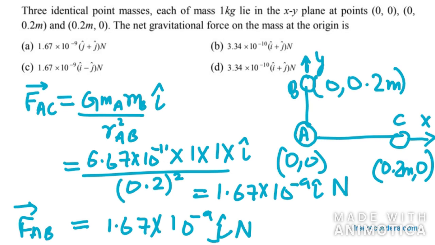So net force will be, you have to add these two. This is my first and this is your second. So you have to add these two. You will get your answer as 1.67 into 10 raised to power minus 9 (i cap plus j cap). So it is the first one, but there is some mistake here.